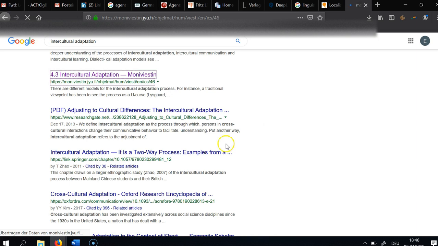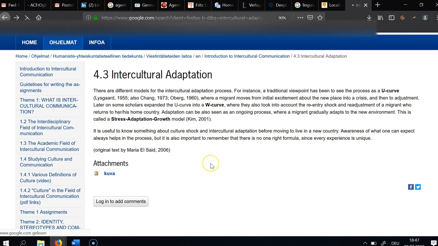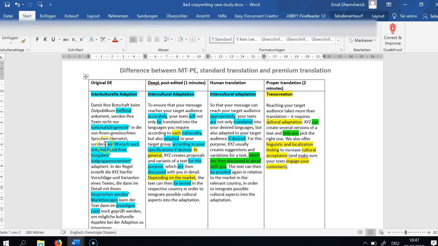First of all, it's a two-way process. The traditional viewpoint is the U-curve, so it's kind of a scientific term, but to a general audience it would imply a two-way process. Are we talking about a two-way process here? No, we're talking about adapting a text to a target audience.